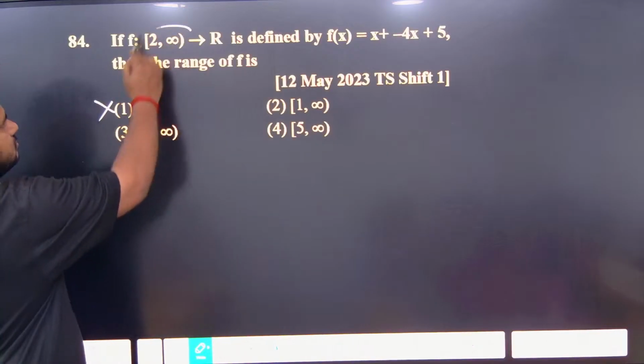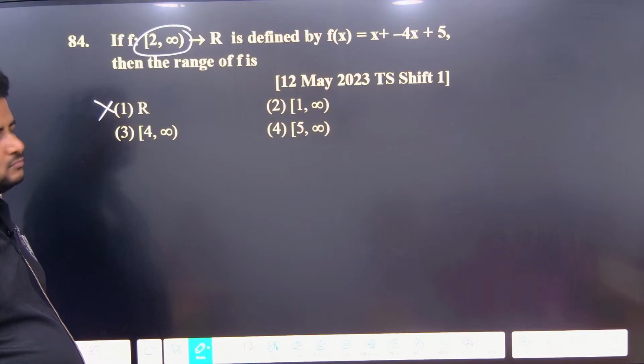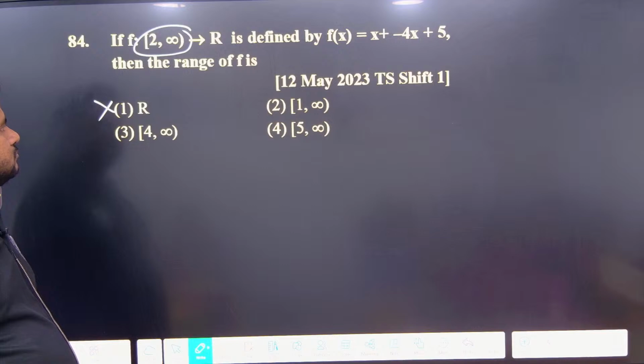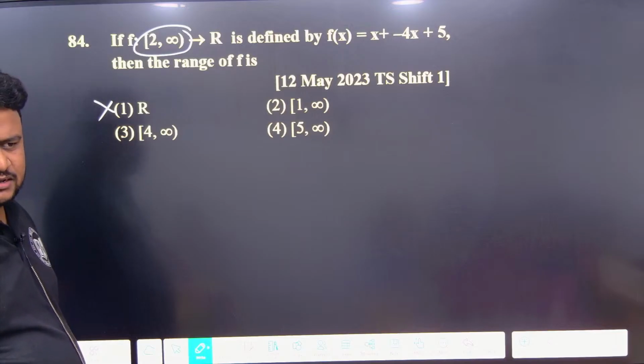Look at the question. What does it mean? Second option? Second option eliminated.